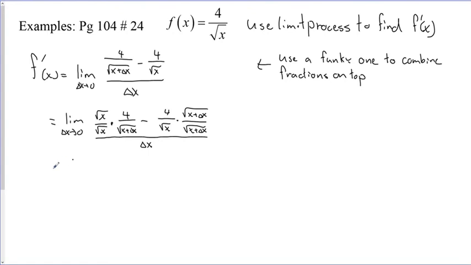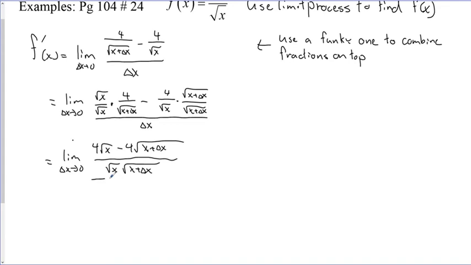All right, so simplifying, now we have the limit as delta x goes to 0, and I would have 4 square root of x plus delta x minus 4 square root of x. And I'm not going to multiply what's underneath out. I'll leave it for right now. So I've got square root of x times the square root of x plus delta x.